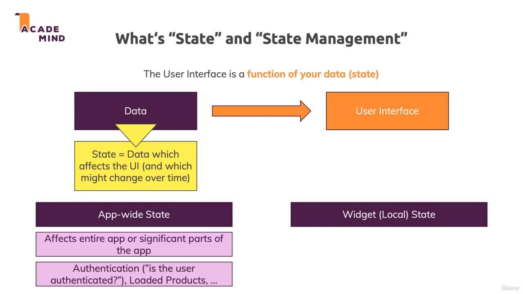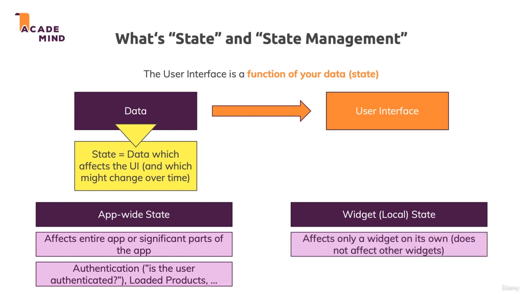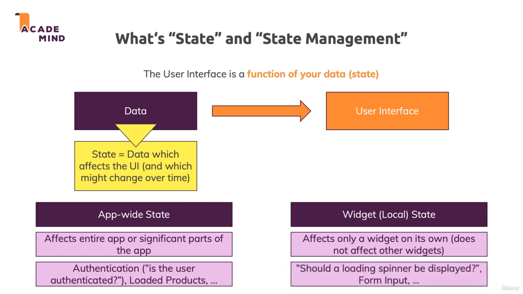And widget or local state, on the other hand, is really just state that affects only a widget on its own and does not affect other widgets. And a typical example here would be a loading spinner. Should I display a loading spinner in this widget? This piece of information does probably not affect any other widget, but it's important for this widget and what you display in there. Or when you manage form input, so text input the user enters.